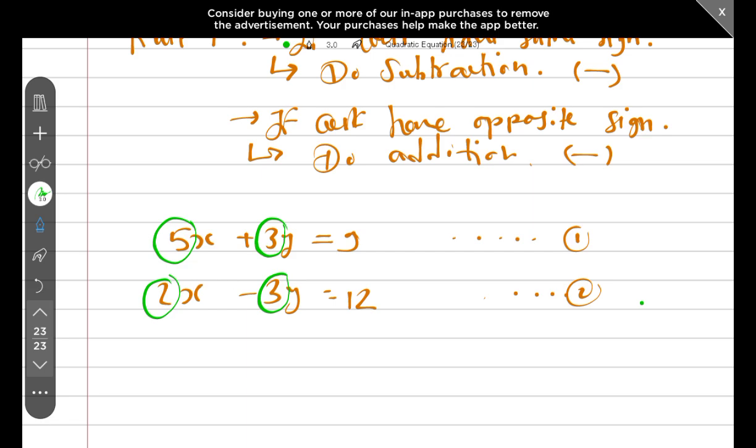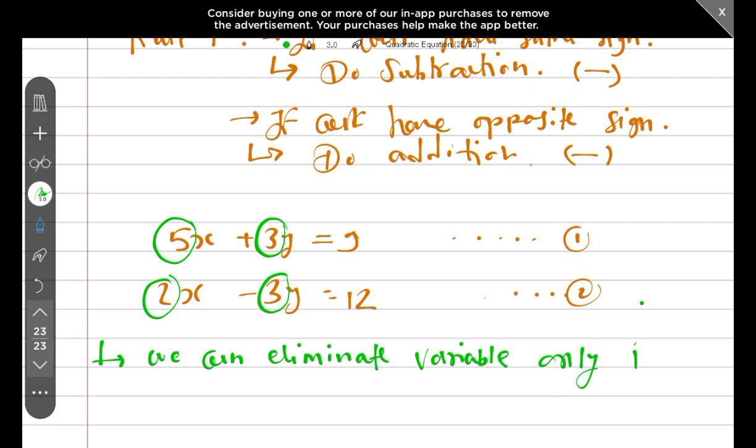We can eliminate a variable only if it has the same coefficient.